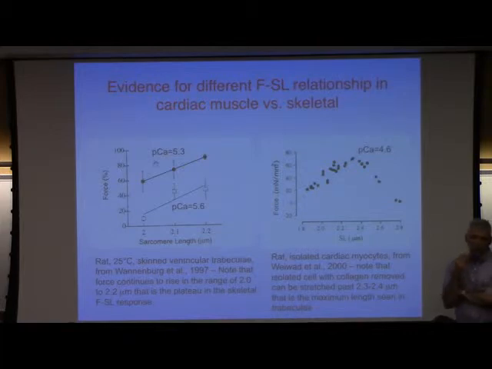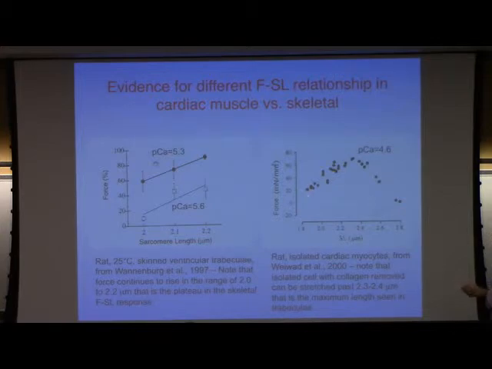Okay, that was skeletal, and that's the classic data from skeletal. I've been interested in modeling cardiac cells for a while, and I was trying to use the skeletal data. It was inconsistent, so I began to think maybe there are some problems here. What I think happens is that where skeletal muscle reaches a plateau, cardiac muscle continues to grow in force.